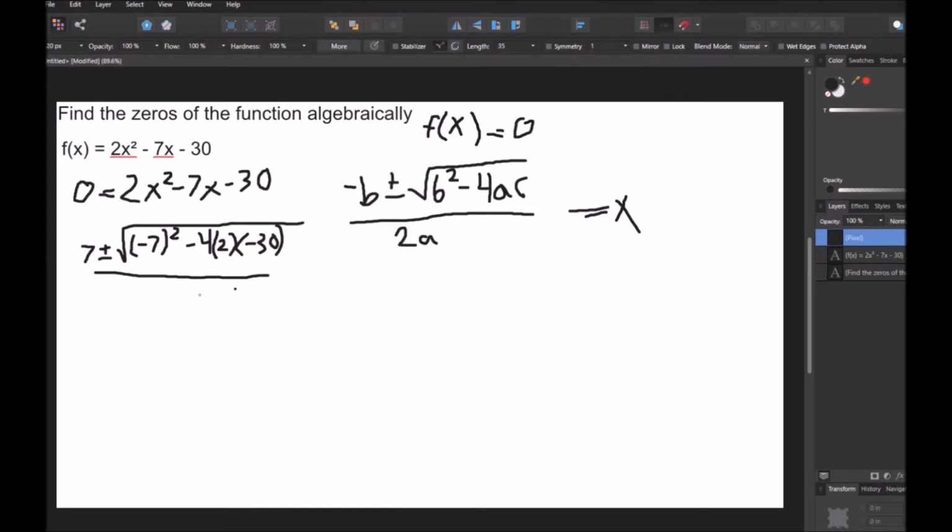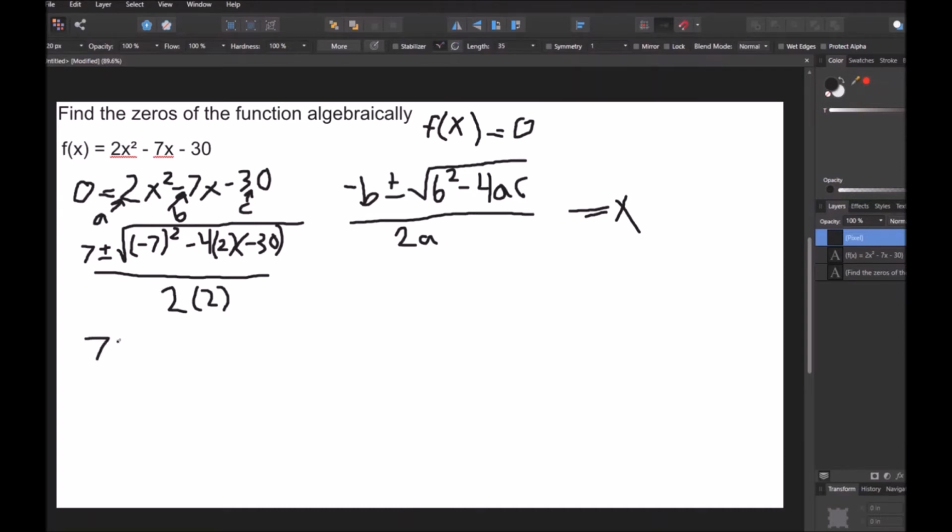And this is all going to be over 2 times 2. And if you're wondering where I got these numbers from, this 2 is A, this negative 7 is B, and this negative 30 is C.